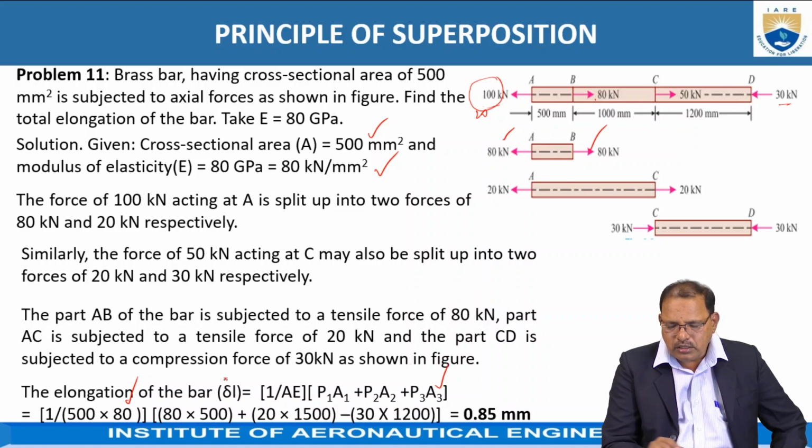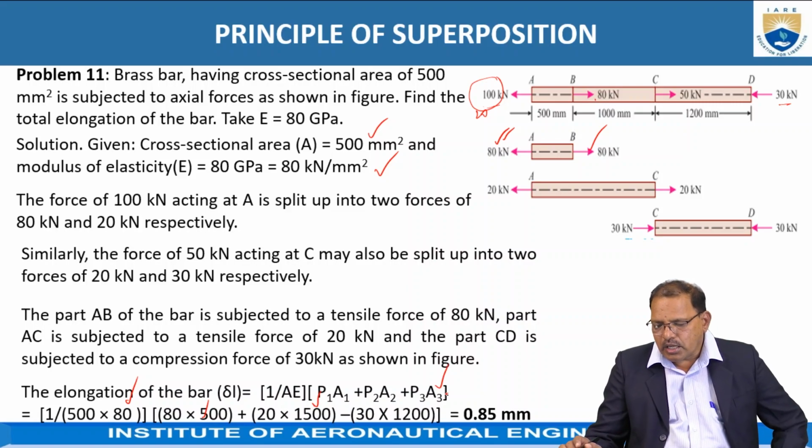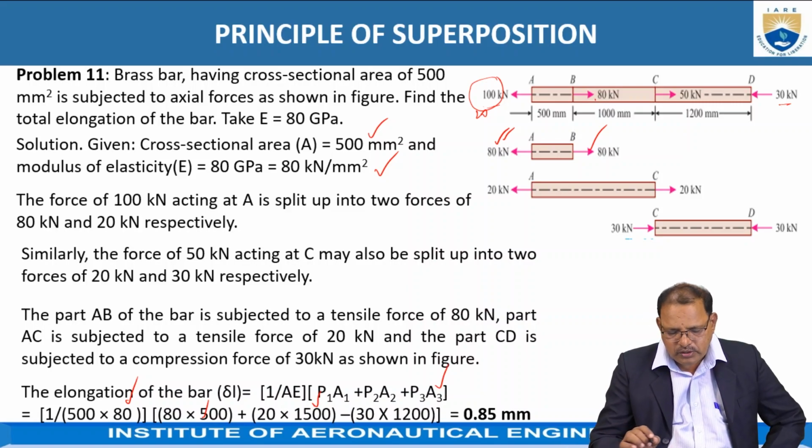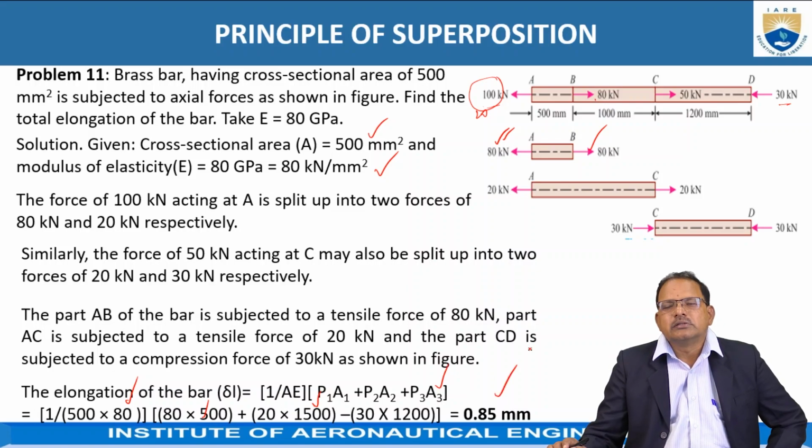It is equal to, first one is 80, it is given now, into A1, that is 500, plus second case now 20 into 1500, afterwards minus 30 into 1200 as shown in the figure now. So on doing these calculations, we got this value equal to 0.85 mm.